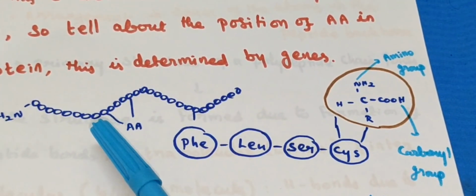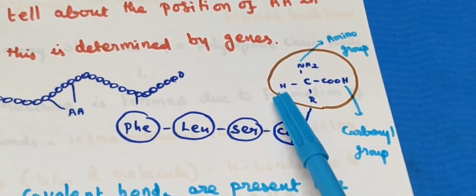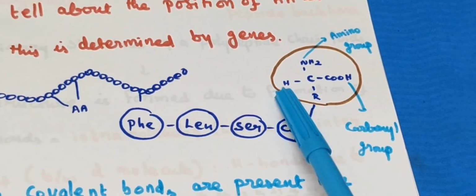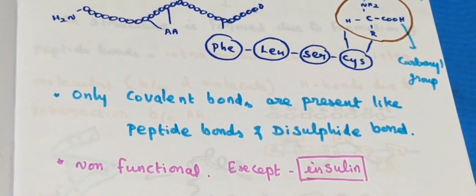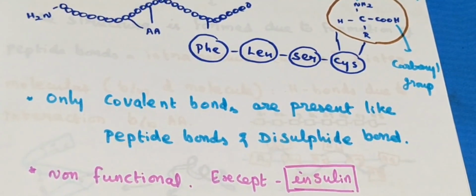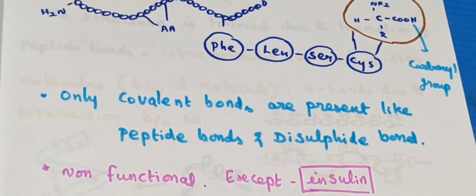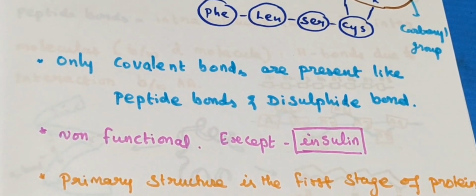So here are different types of amino acids, with the R group, hydrogen, amino group, and carboxyl group. Only covalent bonds are present here, like the peptide bond and the disulfide bond.